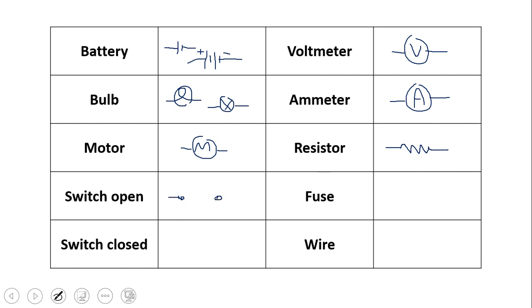And so the wires are coming to the left and to the right. And then the switch, because this is an open switch, is going to be open like this. Notice that it does not connect. A switch closed, once again, we're going to have those connection points with the wires to the left and right. But because the switch is going to be closed, it's going to go over here and close just like that.